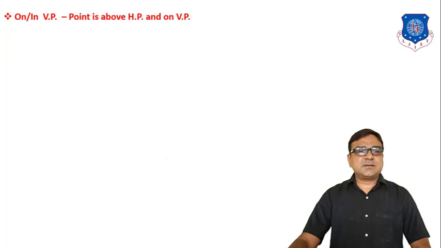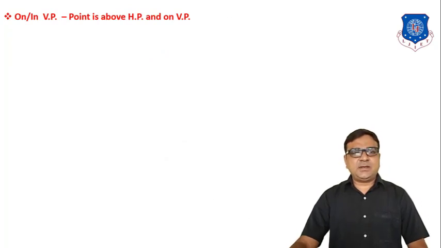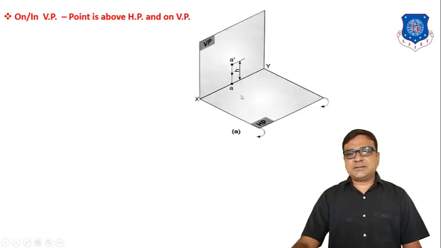Now next, on or in VP: the point is above HP and on VP. Our projection is like this. A is on the vertical plane above HP, so the projection from the front, the projection of A on the vertical plane, is denoted by A dash.